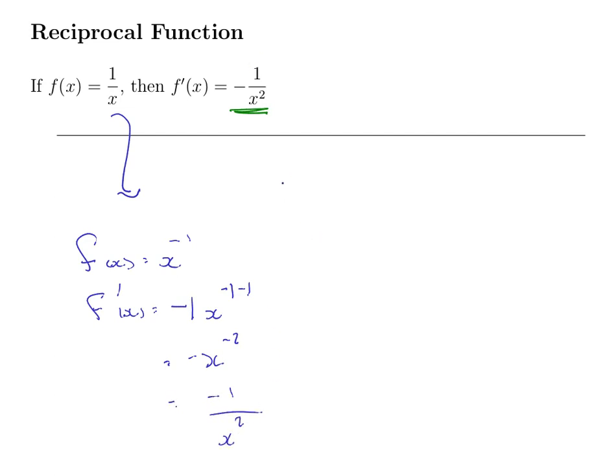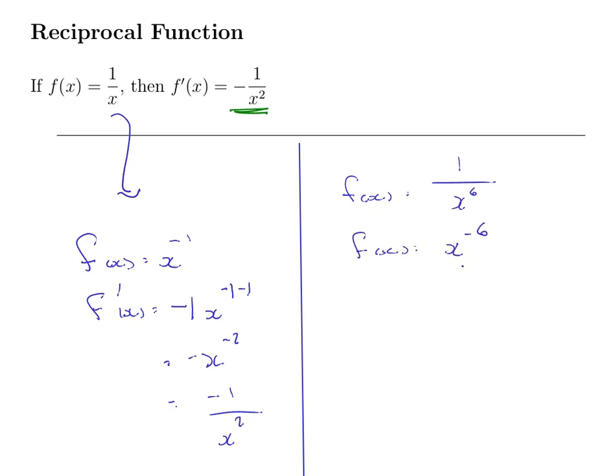The exact same thing. The nice part about this is that now we can do this with other functions where we can rewrite the exponents. For instance, let's look at 1 over x to the 6. This is really x to the negative 6.